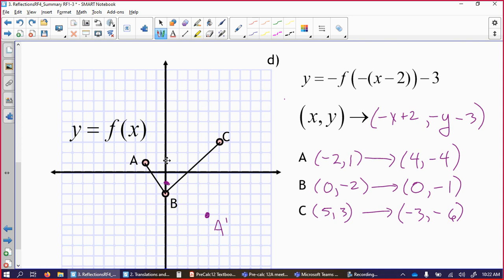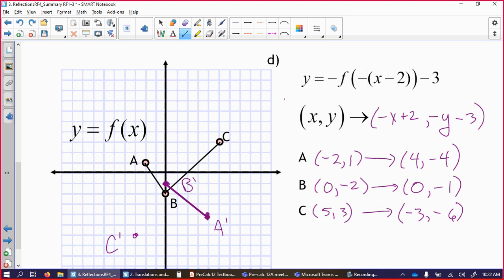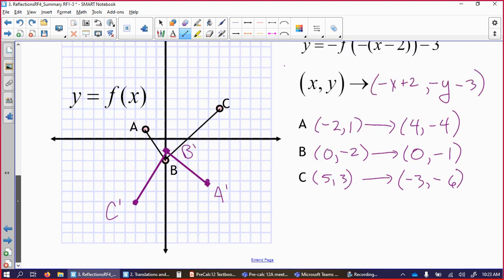So we reflect up to here, and down 3, reflect over there. So B prime, negative 1, 2, 3, 1, 2, 5, 6. C prime, reflect, and the order doesn't really make a huge difference. Reflect over to here, reflect down to there, over 2, down 3. Let's connect the dots. A to B to C. And that's our new graph.